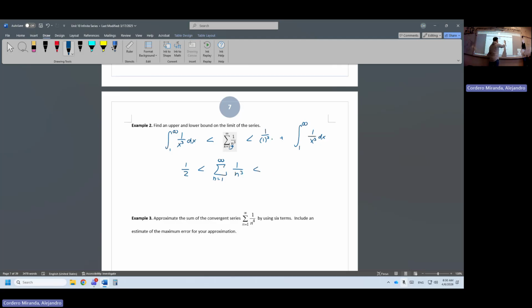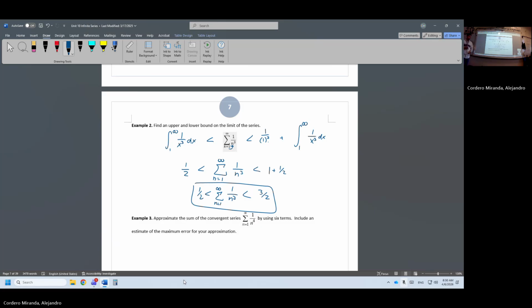Upper bound is 1 plus 1/2. In other words, this sum will be between 1/2 and 3/2 if I did add it all together. Boom. Cool.